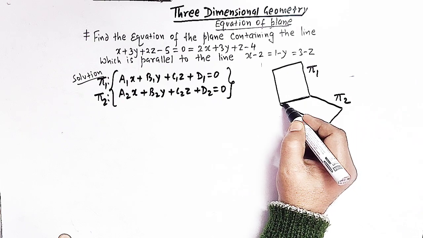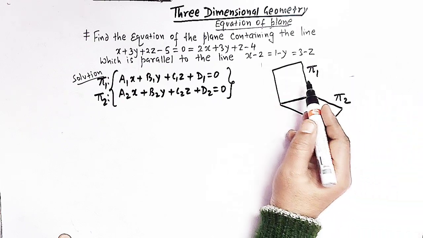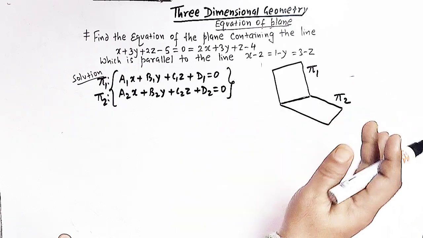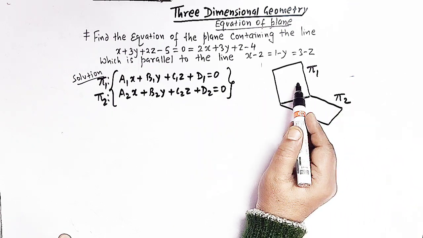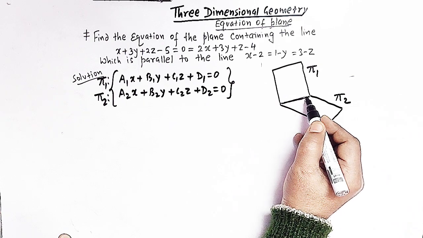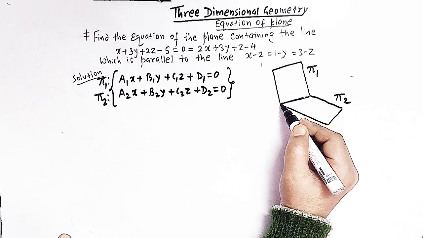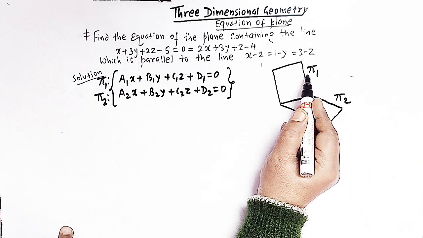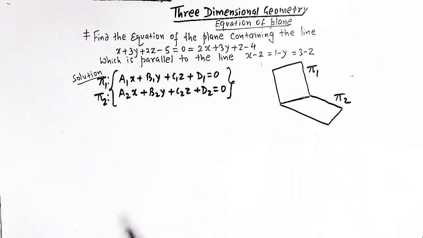That is, all the points which lie on both pi 1 and pi 2 must lie on this line of intersection. So the intersection of any two planes gives us a straight line.